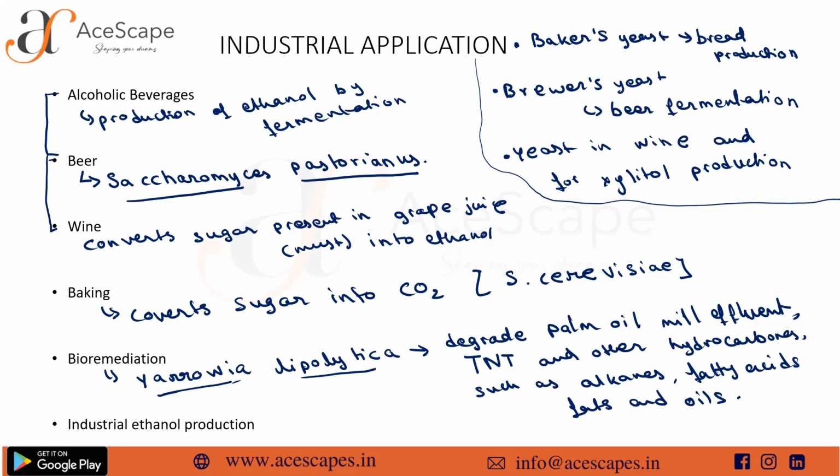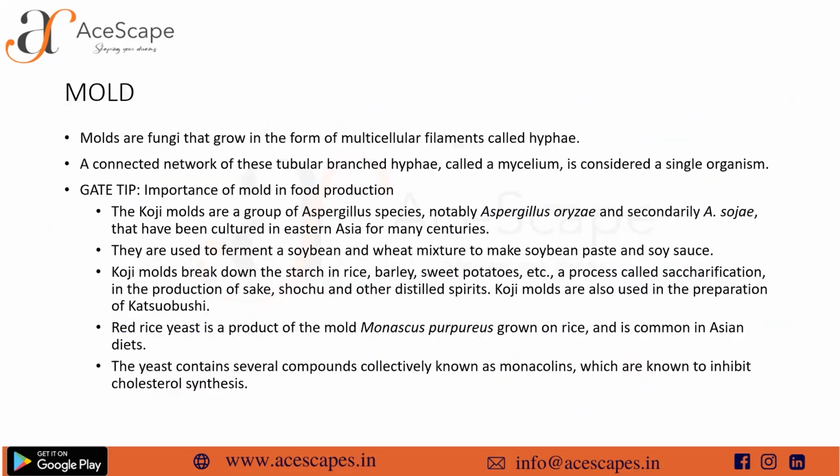For yeast, we'll study mainly the food products in later chapters. Now mold. The term mold is given by the appearance only, the form and the structure of mold. Anything like that we call mold. It is the thing we see as a whole mass on top of food when it is spoiled, and it got its name like that.